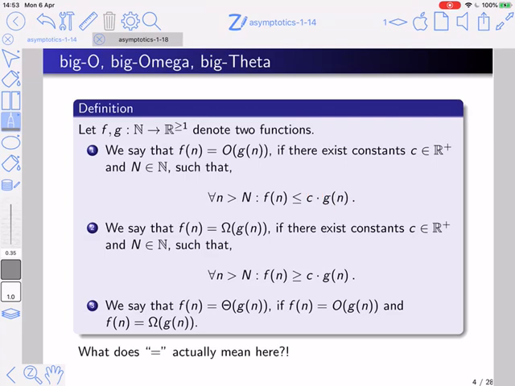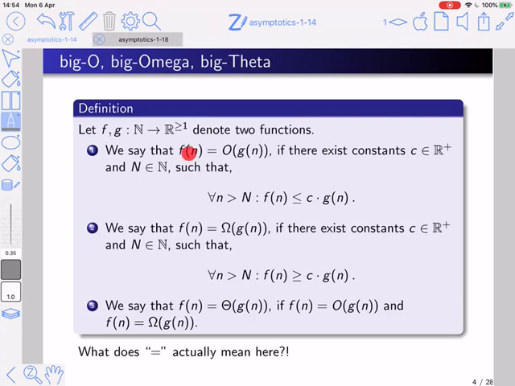The definition f of n is big omega of g of n is very similar, same constant as before, same distinction between high values of the argument and low values of the argument. The only difference is that here we have less than or equal to, and here we have greater than or equal to.